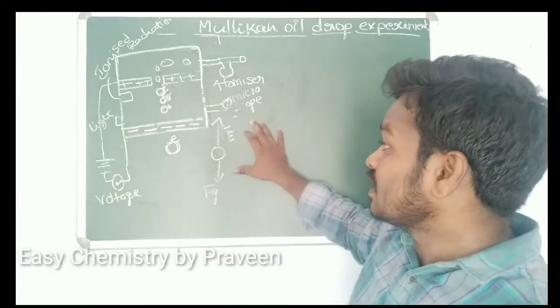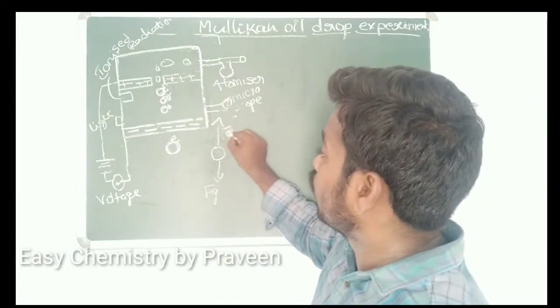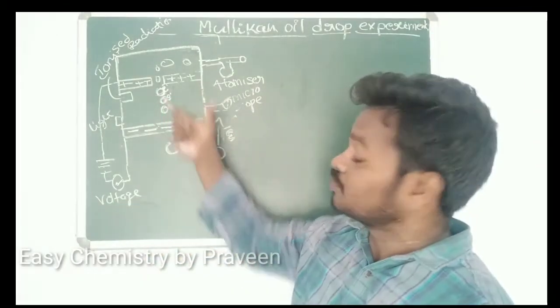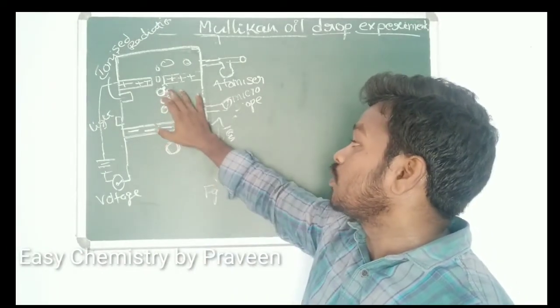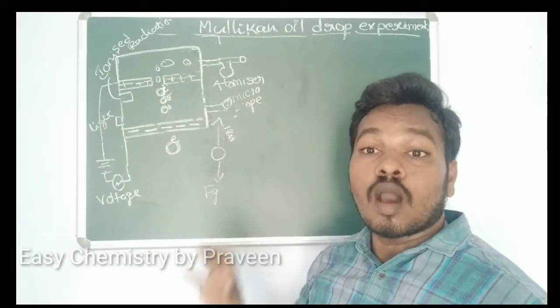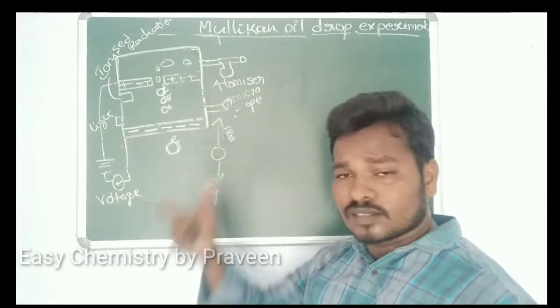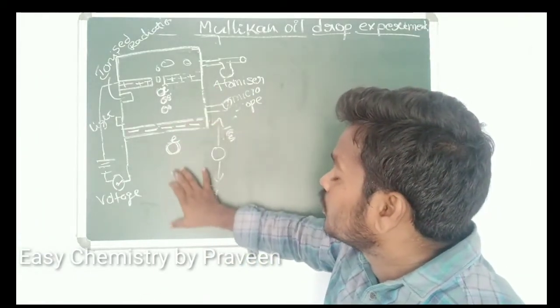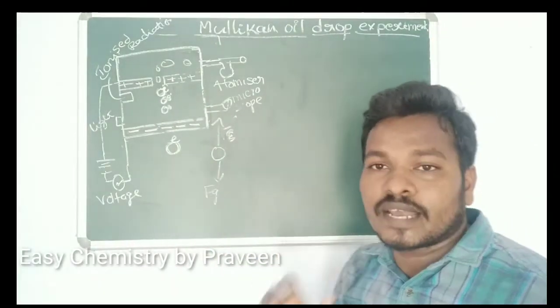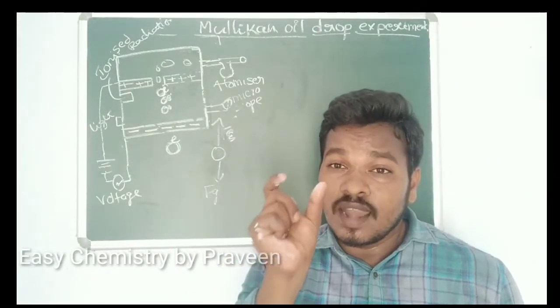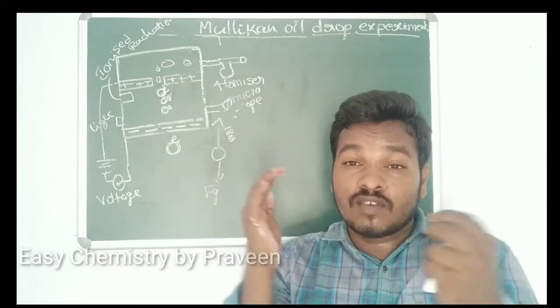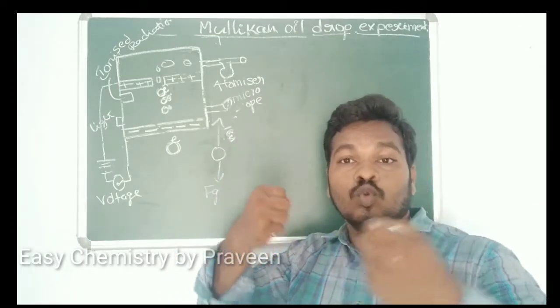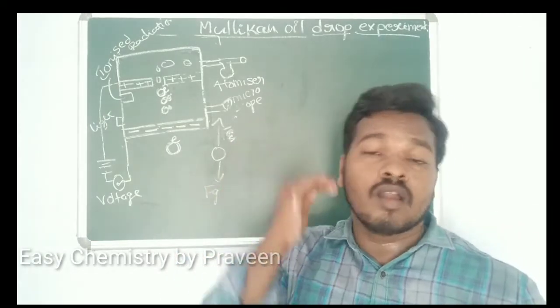So when the electrical force is more, that is, when the voltage is more, the oil droplet travels upward. When the voltage is very low, the oil droplet goes downward due to the force of gravity. In a single oil droplet, two types of force are acting.